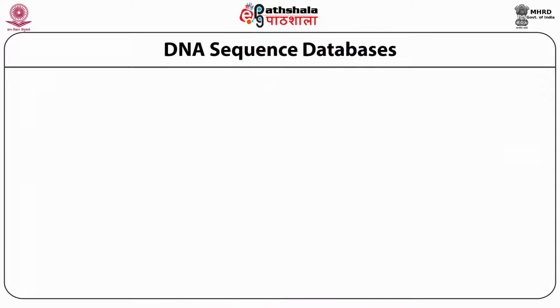We discussed mainly the DNA sequence databases. Although there are many, three are the major DNA sequence databases. One is GenBank, which is hosted in the USA by the NCBI, and all the gene sequencing data is stored in GenBank.